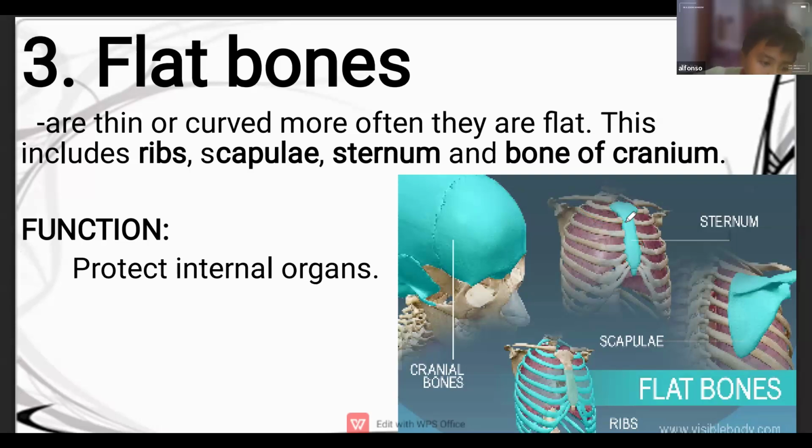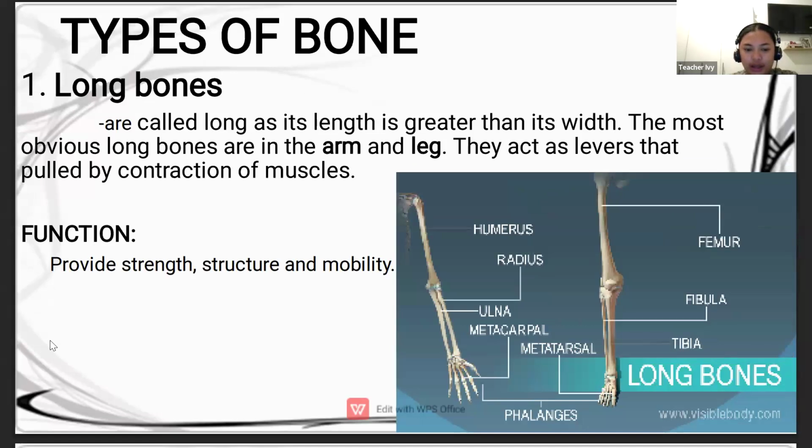Let us try to look at the picture of the long bone a while ago so that we can see the difference between the short and the flat. Okay, let us have again the long bone. There you are.